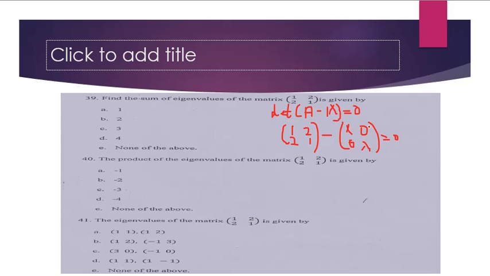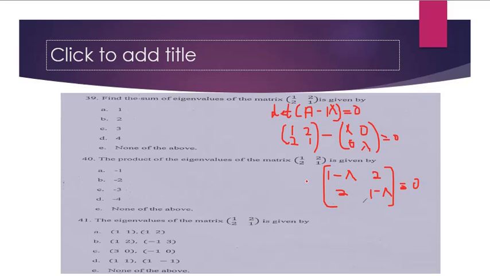Now let's try doing the simple algebra. We have 1 minus the eigenvalue, 2, then 2, and 1 minus the eigenvalue, still equated to 0.